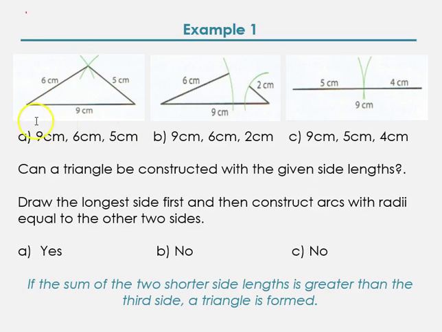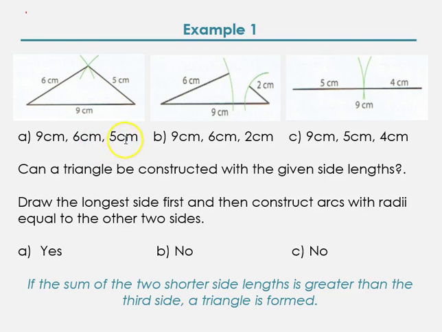Let's look at the first one. This is example 1A. You have the longest side, which is 9 centimeters. It says to strike a measure of 6 centimeters. So you can see that on the left side of this triangle, and you can see the arc.